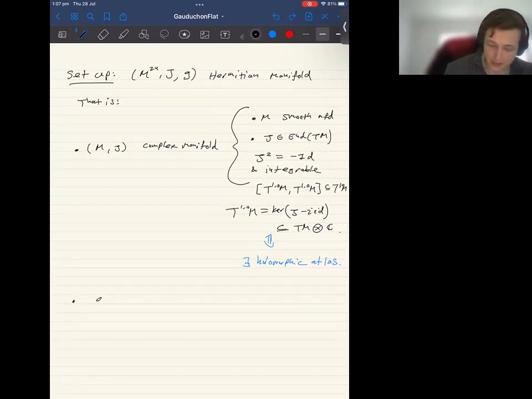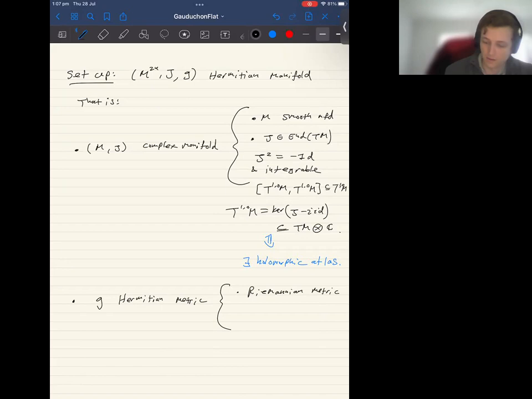The last bit of data is a Hermitian metric. Okay, so this is just a Riemannian metric, and for this metric, we just want J to be a linear isometry.